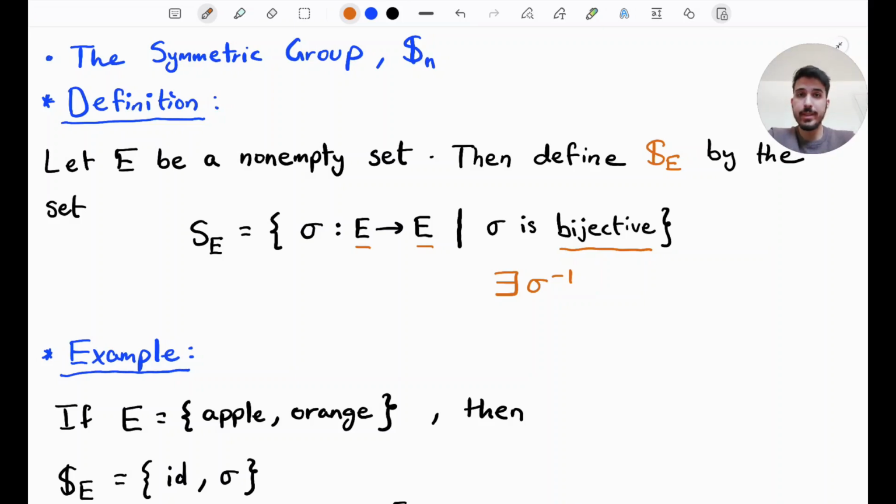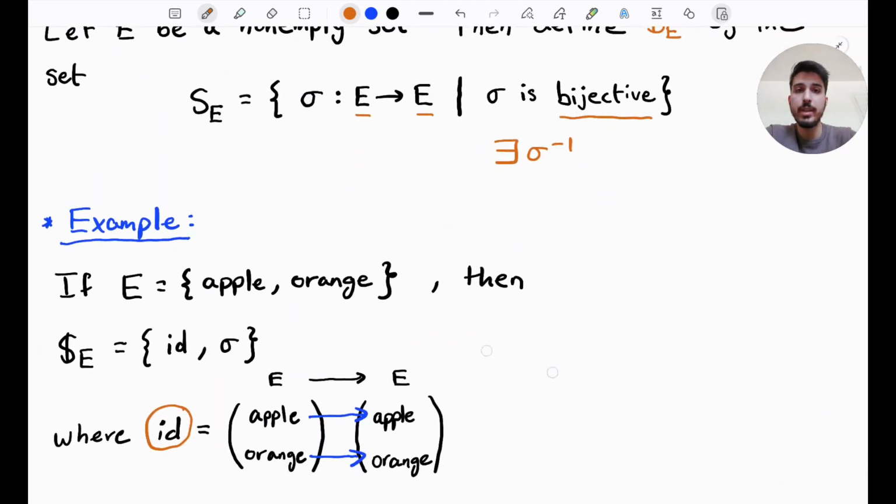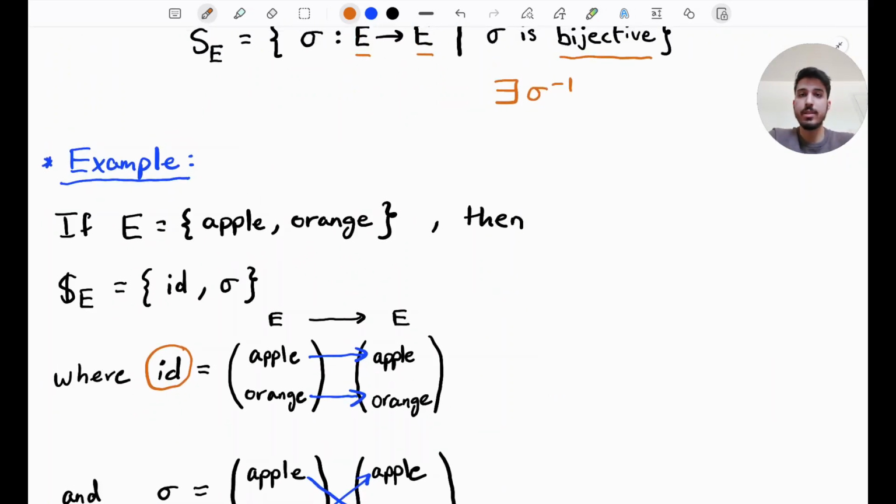So now that we have defined this set, later we will define that this set of permutations is in fact a group by proving that it is associative, there is an identity, and there are inverses. But we need to first lay out an example. An example would be, if we take E to be a set of 2 elements, I call the elements apple and orange.